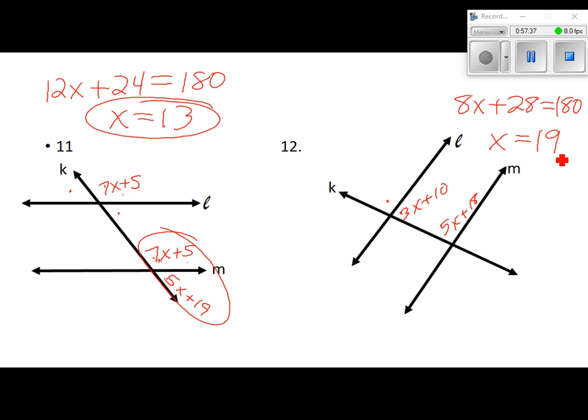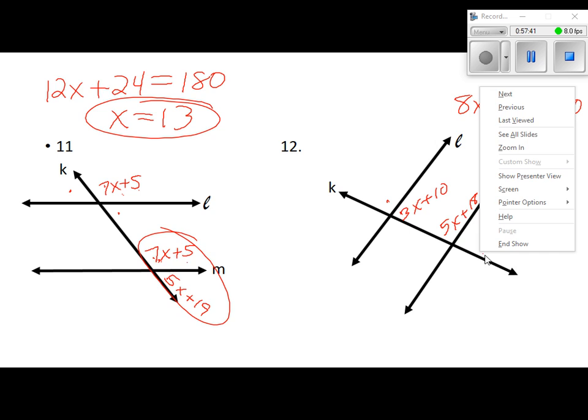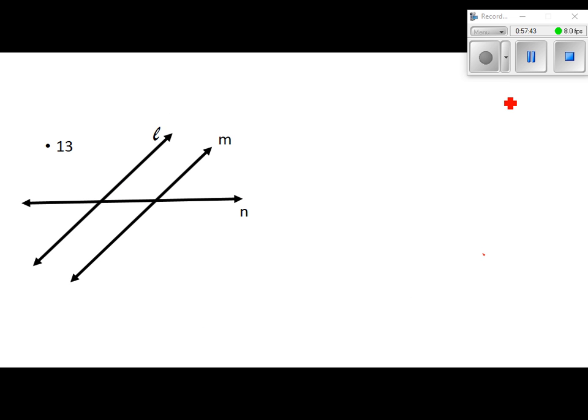Same kind of problem? Yep. Which angles do they tell us? This one? 7x plus 5, 7x plus 15.